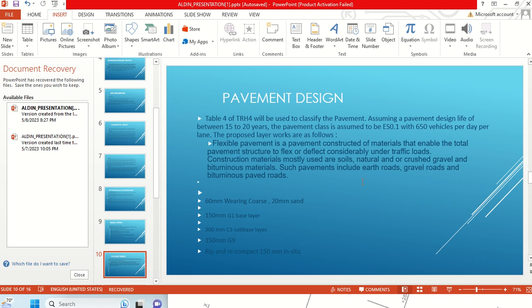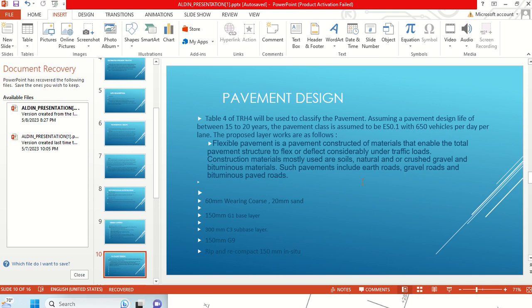to classify the pavement and also assume the design life, which I've stated in the report is between 15 to 20 years, and the pavement class that we assume, which I've mentioned on the previous slides, is ES0, with 650 vehicles per day per lane.